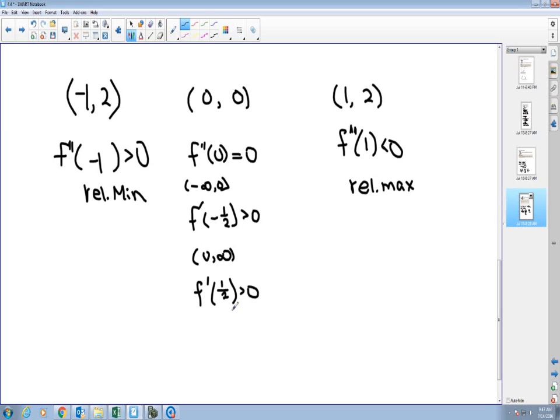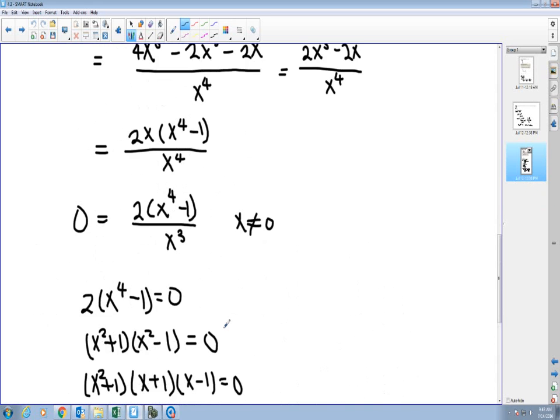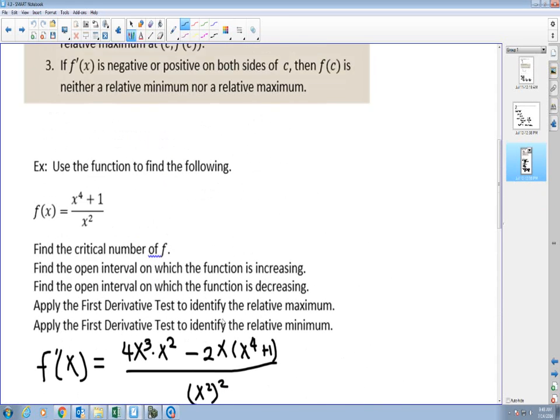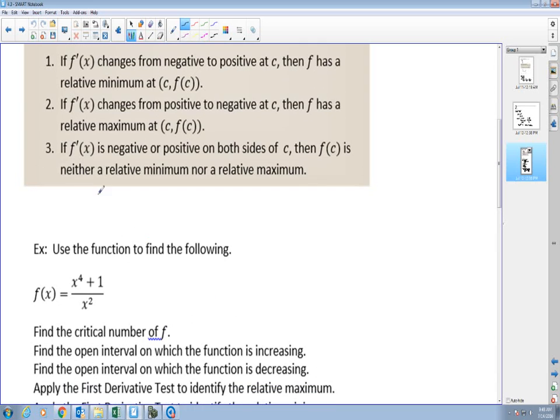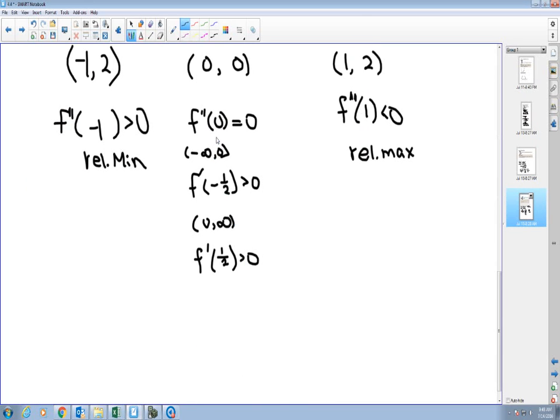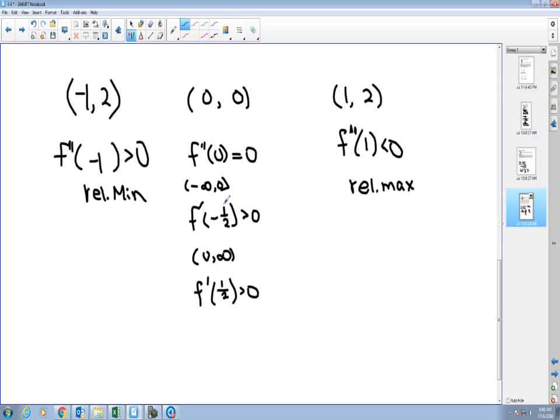So what that tells me is, if f prime is negative on both sides or positive on both sides of c, then it's neither a relative minimum nor a relative maximum. So at critical point 0, to the left is greater than 0, to the right is also greater than 0.